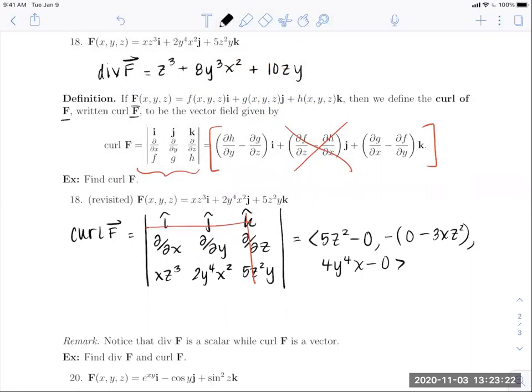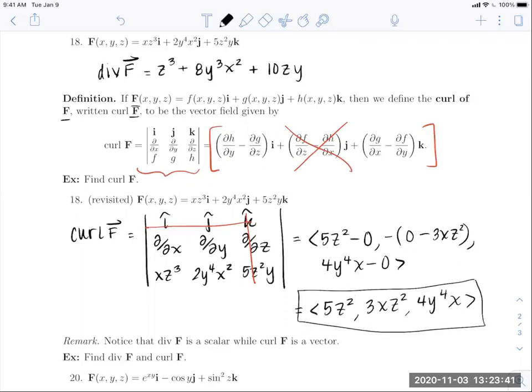So what I get here in the end, dropping all of those unnecessary zeros, is 5z squared, a double negative makes a positive 3xz squared, and a 4y to the fourth x. And so this vector is the curl of f. So again, one more time, the divergence is a scalar.